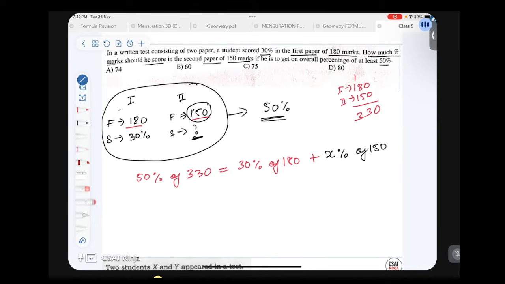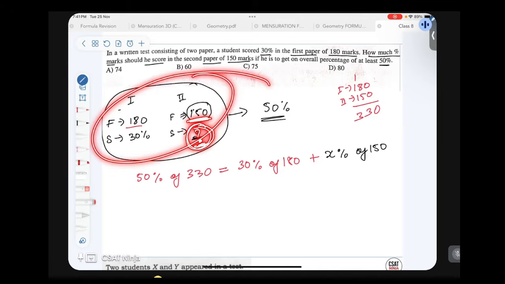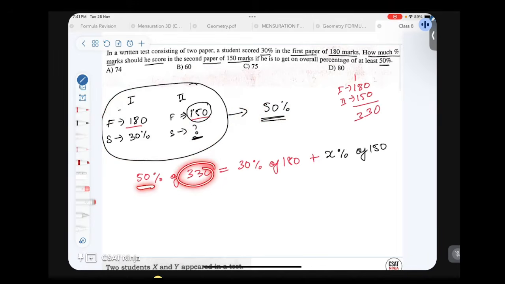So I'll just repeat again for your understanding. There are two papers here. The first paper's full marks is 180 and he is scoring 30% there. But for paper 2, the full marks is 150, and we are asked to find how much percentage he should score here in order to get an overall percentage of 50%. So 50% of the total marks.